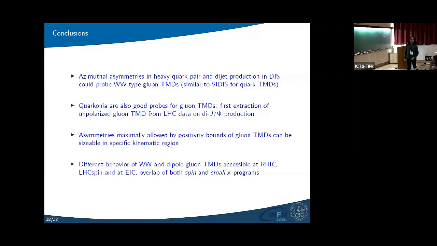Cristian, of the processes you took into consideration, which ones require in principle the use of shape functions and which ones can be done without, in your opinion? Well, the ones that involve quarkonium all require shape functions.